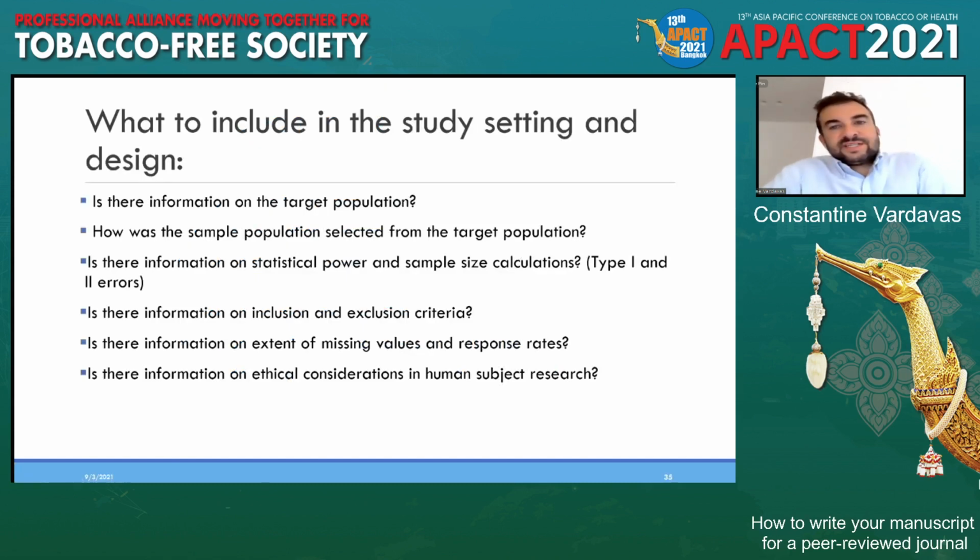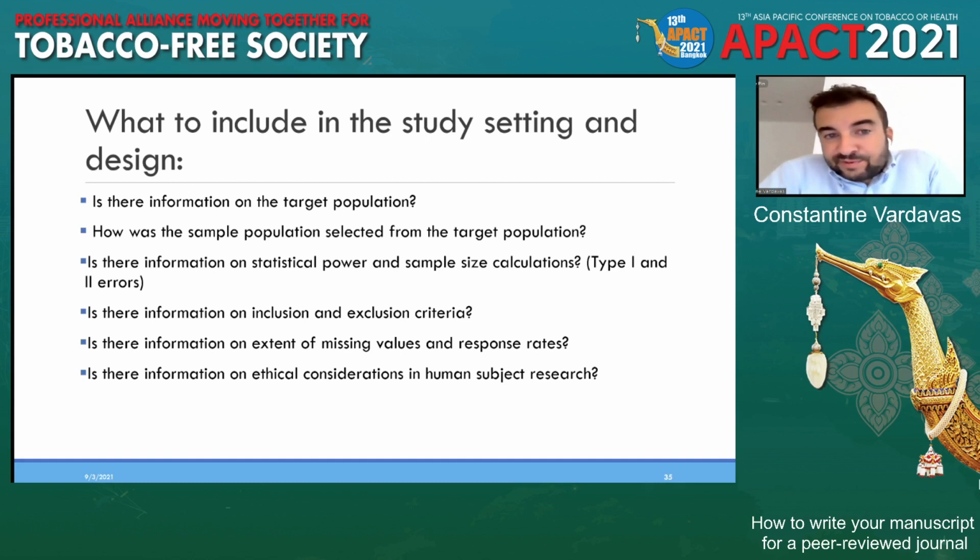So what's included in the study setting and design paragraph, the first paragraph of the methods: information on the target population, and how the sample population was selected from it. They're two different things. A target population could be children exposed to secondhand smoke in a country.